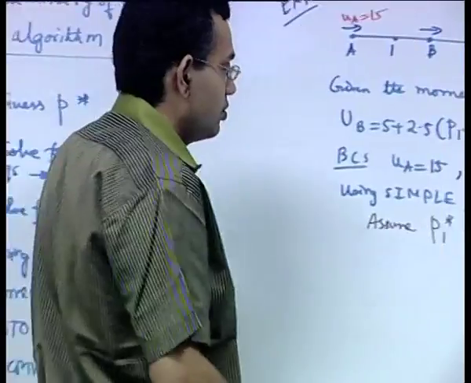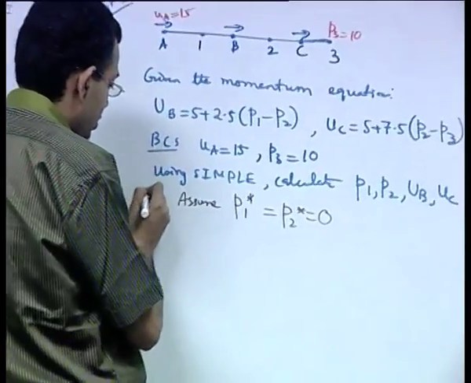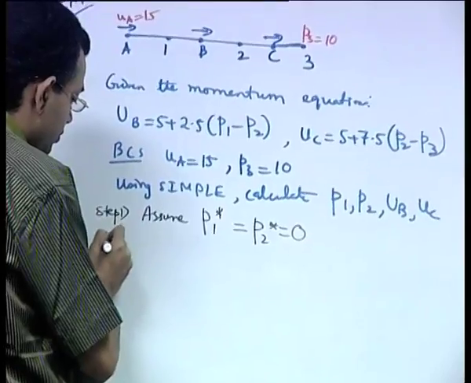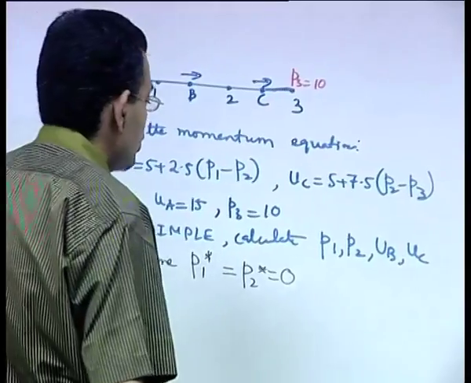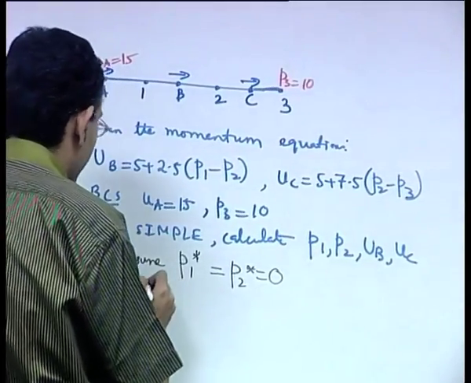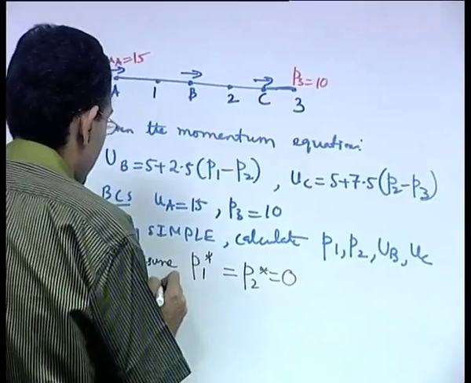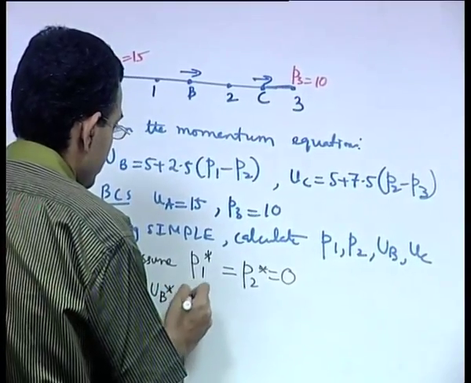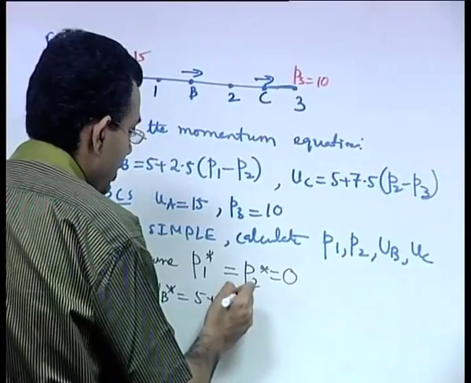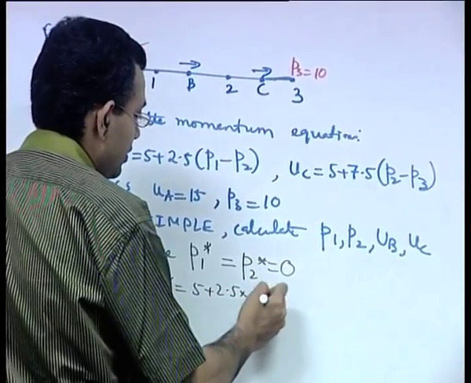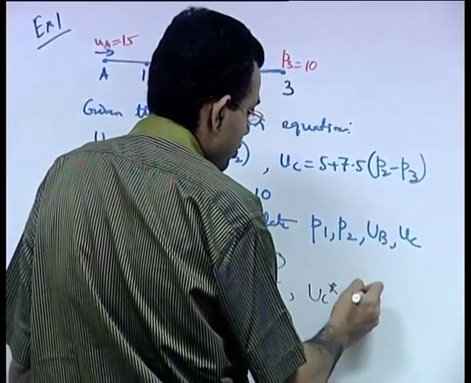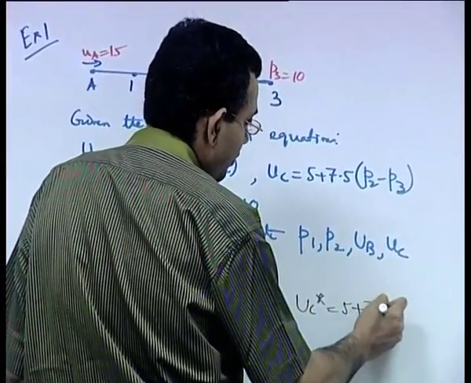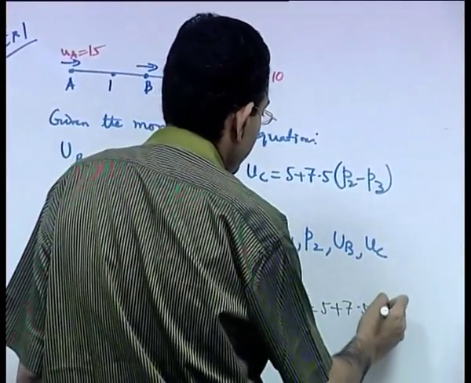So, step 2, if you solve the momentum equation, then what is UB star? 5 plus 2.5 into 0, that is 5. UC star is equal to 5 plus 7.5 into 0 minus 10.